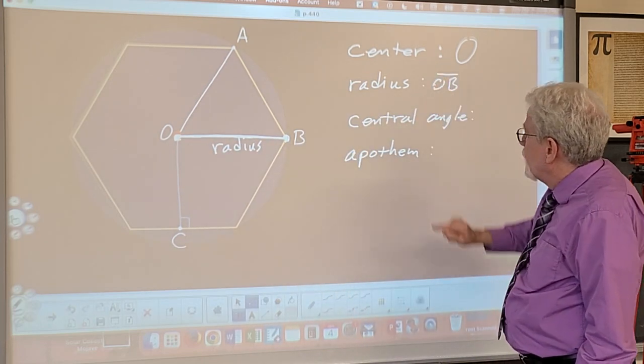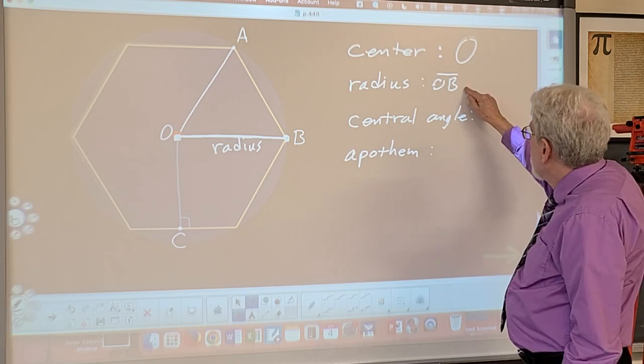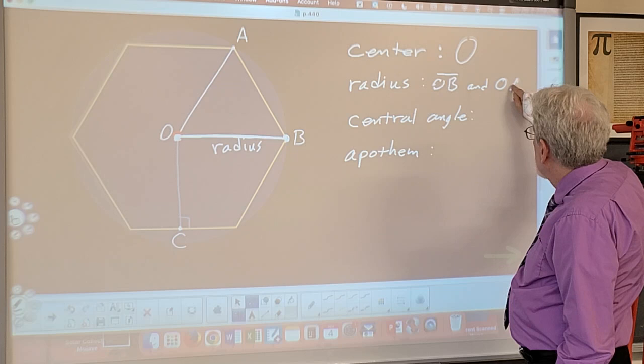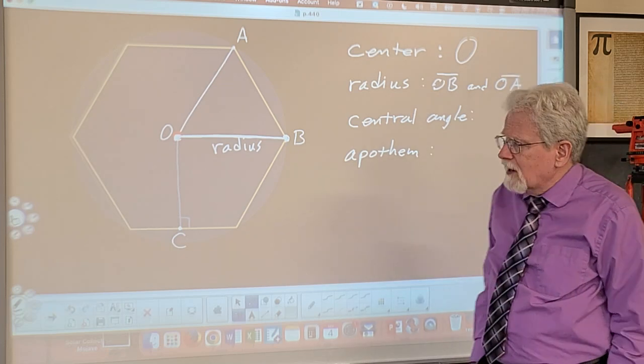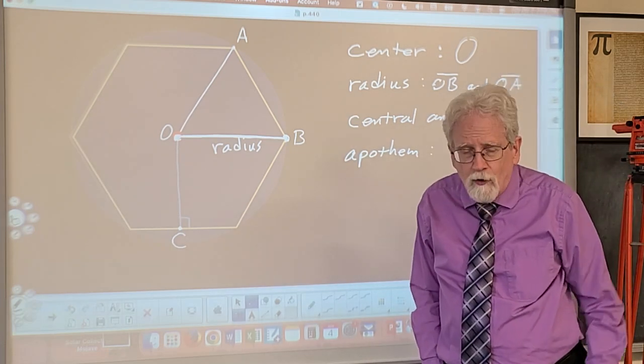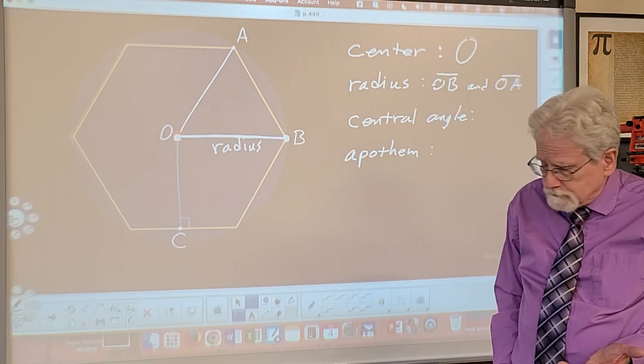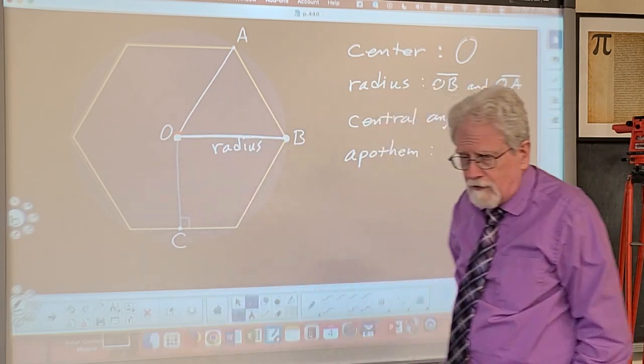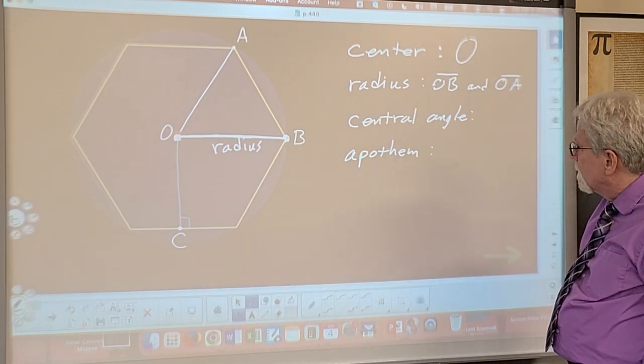Notice the bar on top, it's a segment. And another radius would be OA. Hey, what's true about those 2 radii? Yeah, you got it. All radii of a circle are always congruent. Therefore, all radii of a regular polygon are always congruent.